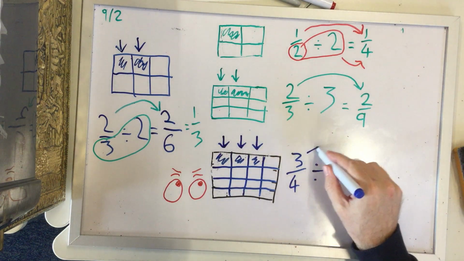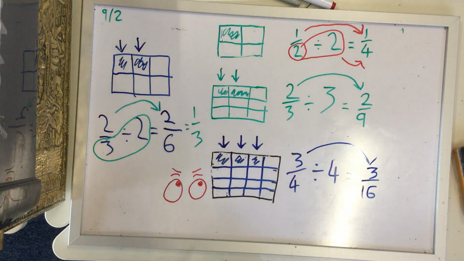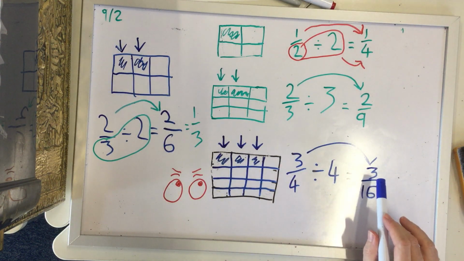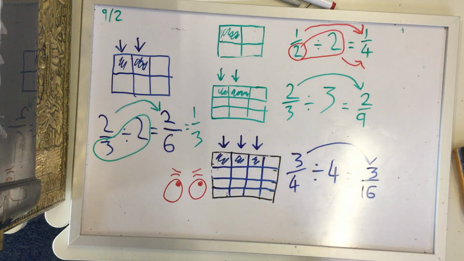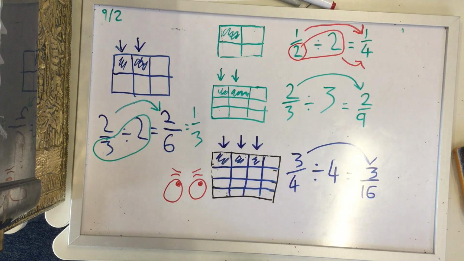Okay, and then the 3 that's brought back over here, we've got 3/16. And once again, can we simplify it? No, because 2 doesn't go into 3. 3 goes into 3, obviously, but it doesn't go into 16. So that answer is in its simplest form at the moment.